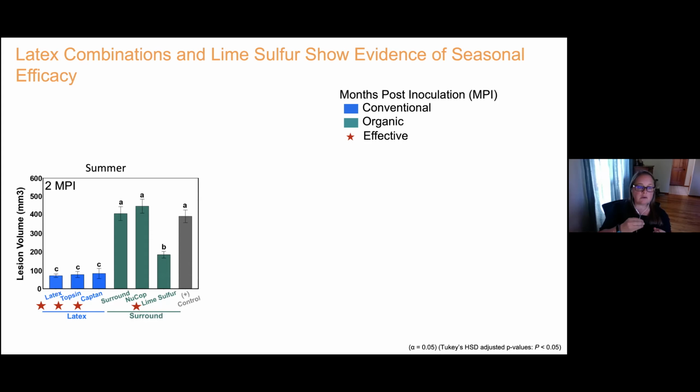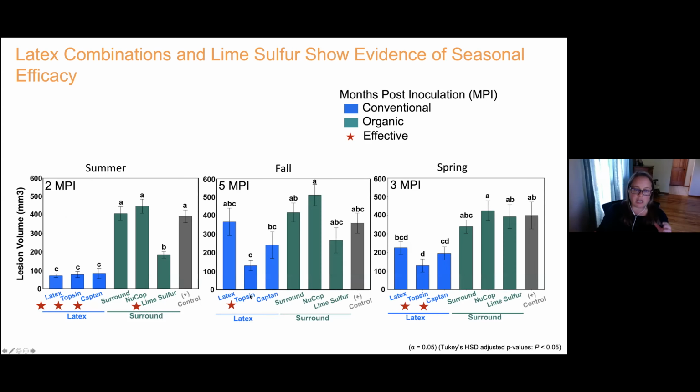It's a material that can be utilized like latex, but for organic growers. So we had Surround alone, Surround with New Cop, and then lime sulfur. In the summer, 2 months post-inoculation, we found that latex alone, Captan, and Topsin were really effective. And for the organics, we found lime sulfur with Surround was effective.